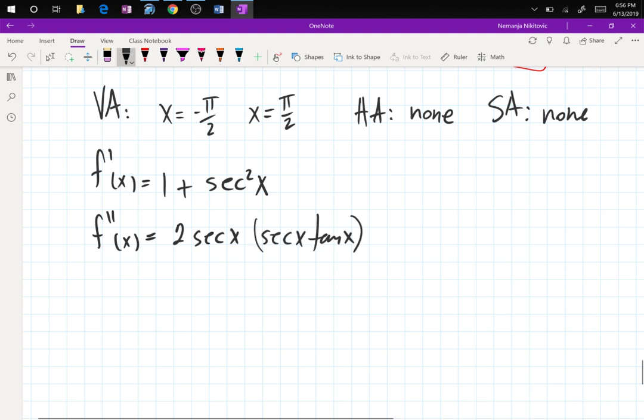This part is the chain rule: the derivative of secant squared is 2 secant to the first power, and then the derivative of secant from the inside is secant tangent. So the second derivative is actually 2 secant squared x tangent x.